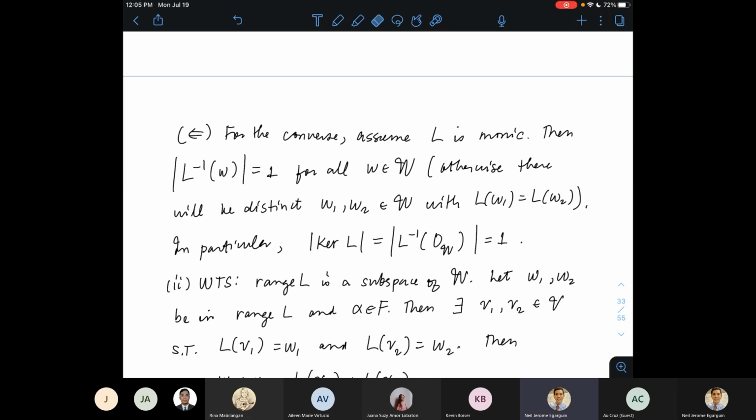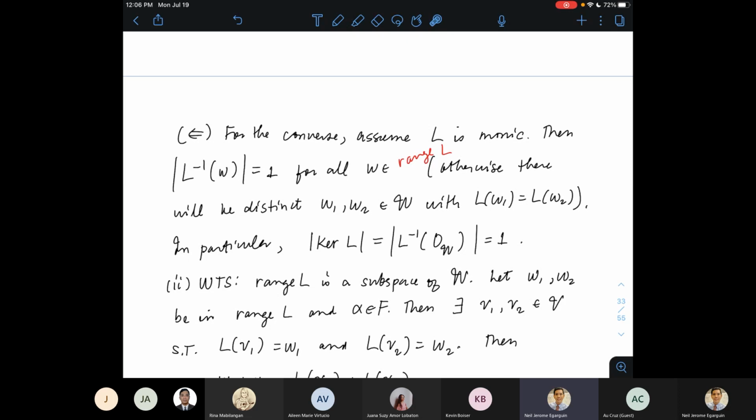right, I think something is wrong here. Let me just say range of L. Okay? Kasi nga pala, hindi lahat ng W ay may pre-image, right? Hindi pa tayo sure na lahat ng element ni curly W ay may pre-image. Just to be safe, if I take an element of the range, then alam ko laging isa lang yung magiging inverse image niya. Alright?